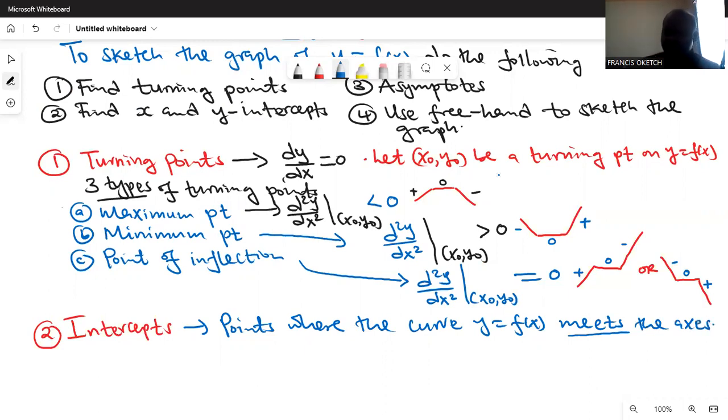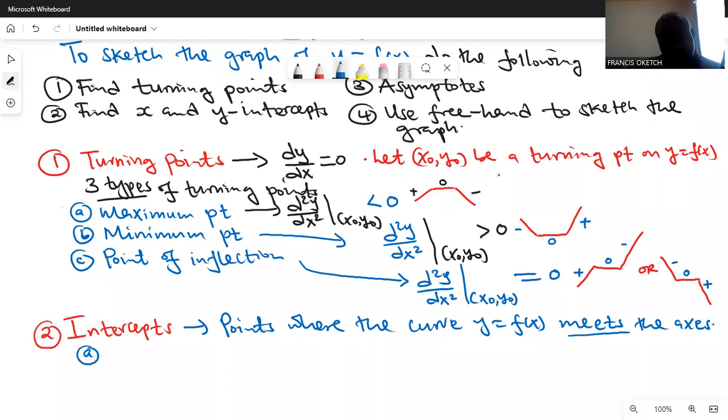When you talk of two-dimensional x, y, check where your curve will meet the x-axis and check where your curve will meet the y-axis. Where it meets the x-axis, that point is called the x-intercept. Where it meets the y-axis, we call it the y-intercept. So there are two types of intercepts.